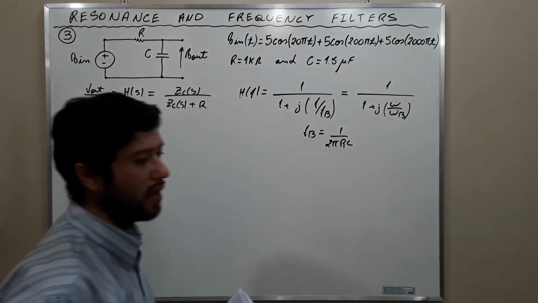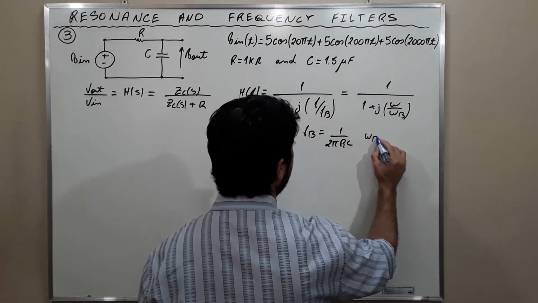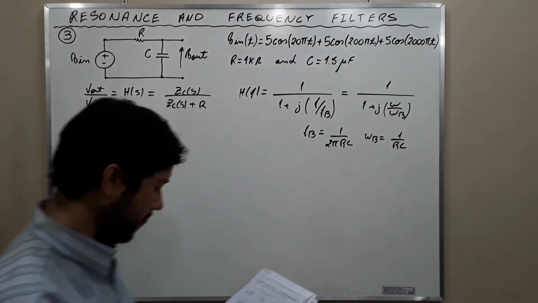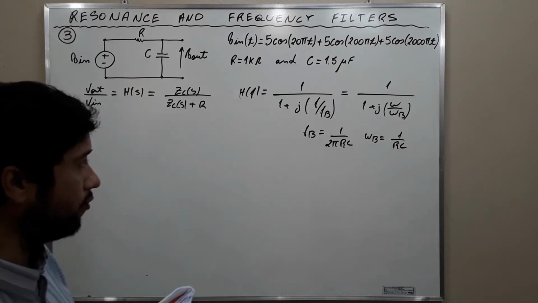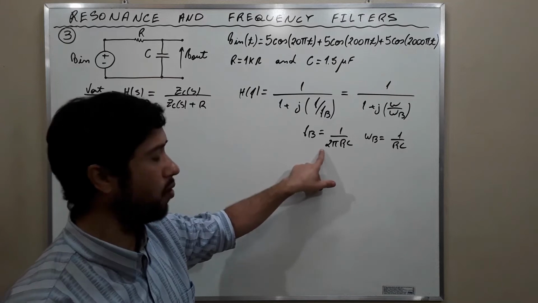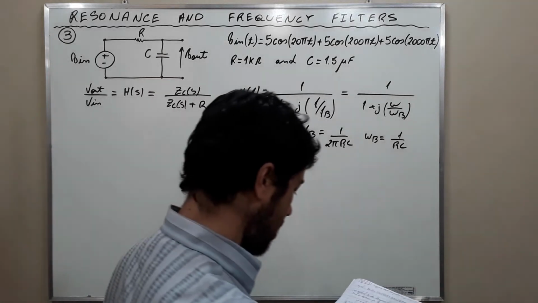You may have already heard of wb. wb is equal to 1 over RC. But for us, this is going to be this. We are going to work with this kind of representation, all right?